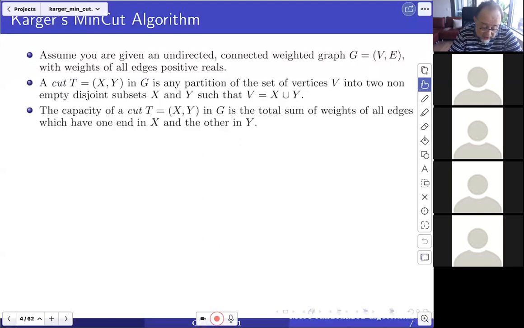But here we don't have two distinct vertices, source and sink, and the capacity of the cut, because the edges are not directed, is simply the sum total of capacities of all edges that cross the cut. So one of the vertices is in X and the other vertex of the edge is in Y.